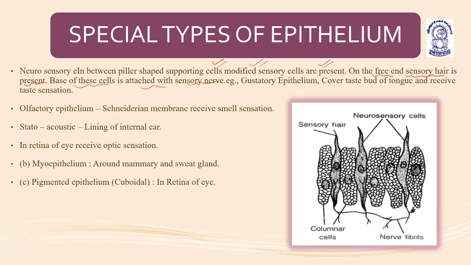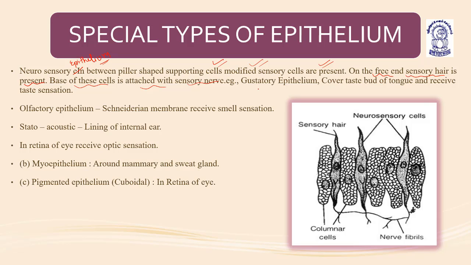So these neurosensory epithelia are special types of epithelium, basically pillar-shaped supporting cells whose free ends carry the sensory hair, and the base of these cells is attached to the sensory nerves.